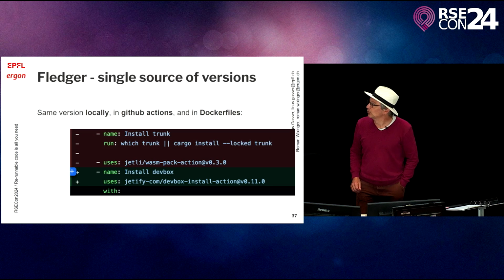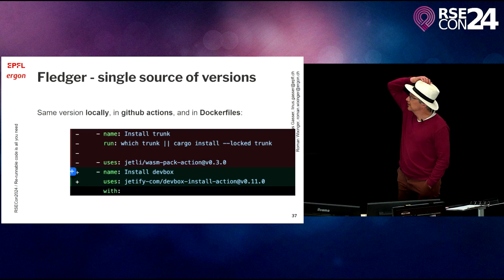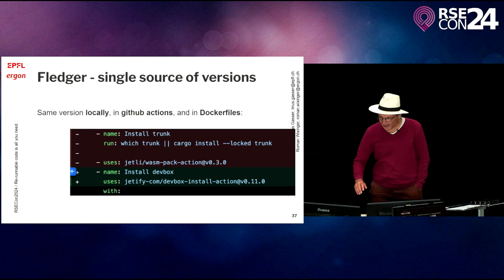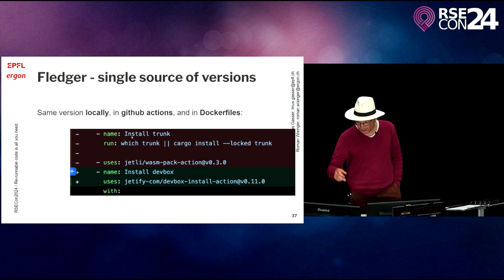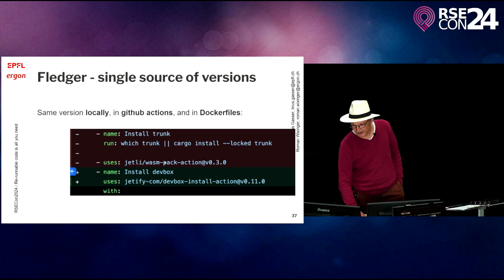Now you can use this also in the GitHub Actions. So before, I had this installation of Trunk, which is a tool for Rust in WASM. I had this part here. I had the wasm-pack, the actual wasm-pack from Rust. I needed to install these with the correct versions. So I can remove all that and replace it with devbox.